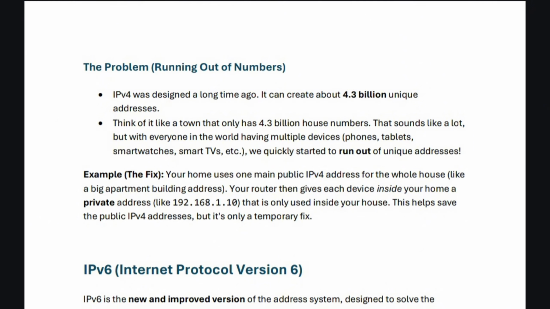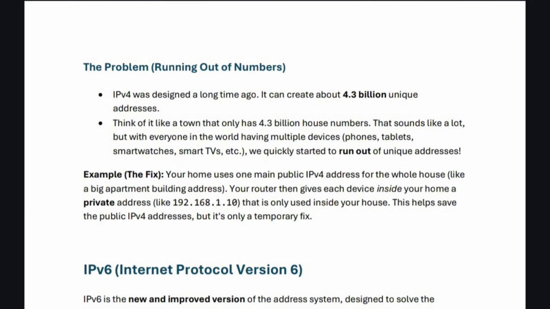So, for example, our home uses one main public IPv4 address for the whole house, like a big apartment building address. Your router then gives each device inside your home a private address, like 192.168.1.10, that is only used inside your house. That saves public IPv4 addresses, but it's only a temporary fix.